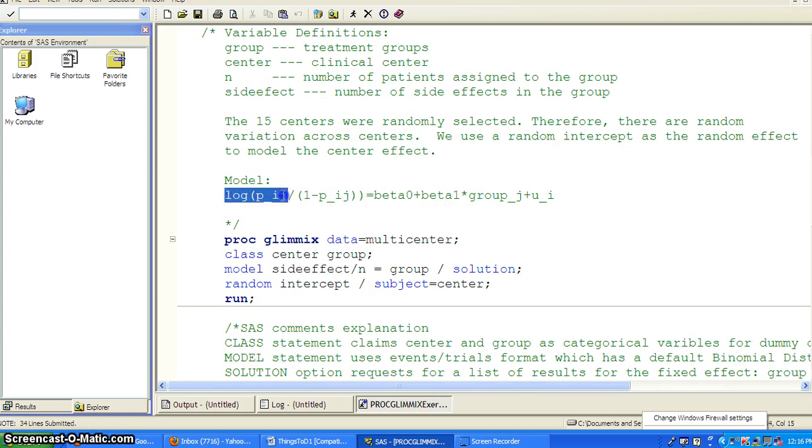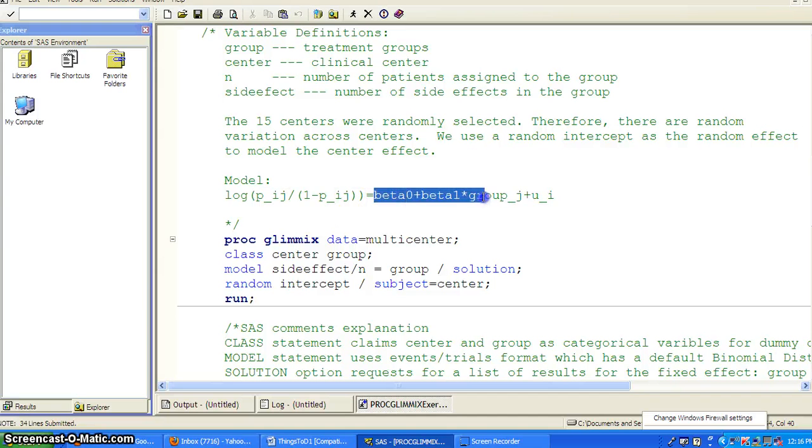The model is really the usual logistic regression model plus a random effect. Okay, so you can see the Pij is the probability of patient j at center i who had a side effect.